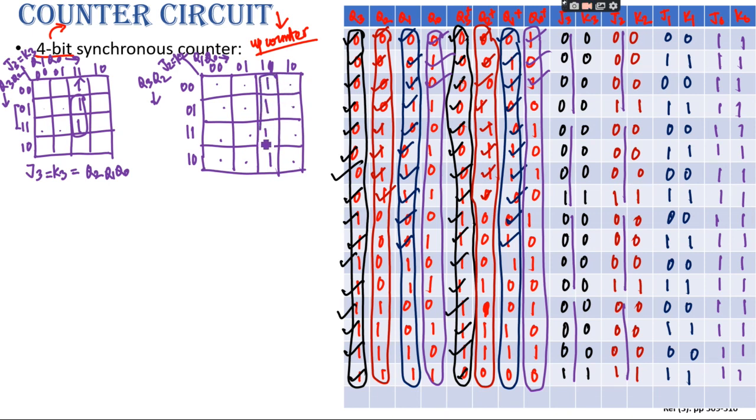So how can I combine them? We can take these four in a group, right? Yes, sir. So what should be J2 K2? Q1 Q0. Q0, right?